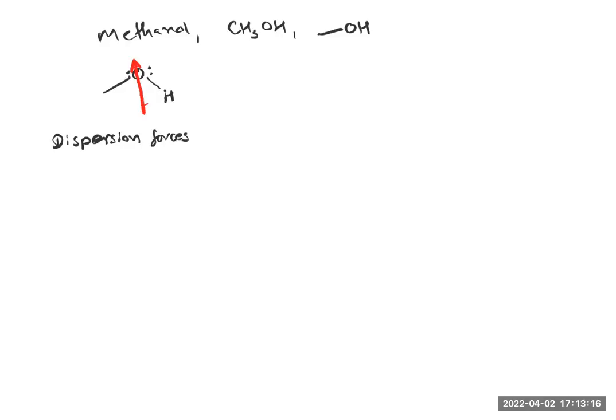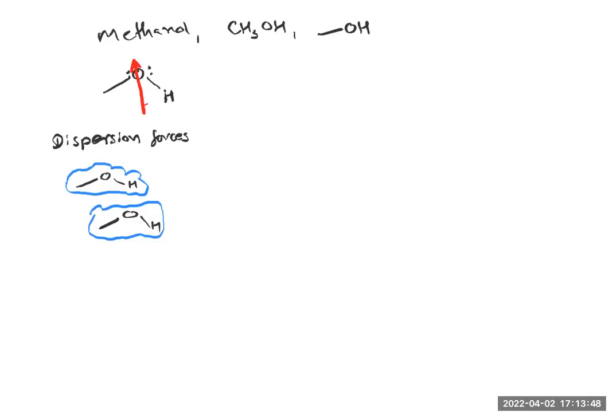When it comes to dispersion forces, we draw the molecule, and then we draw the electron cloud of that molecule, roughly. And also we draw another molecule closer to it, with its electron cloud. It's going to look like that. Now we randomly assign partial charges.